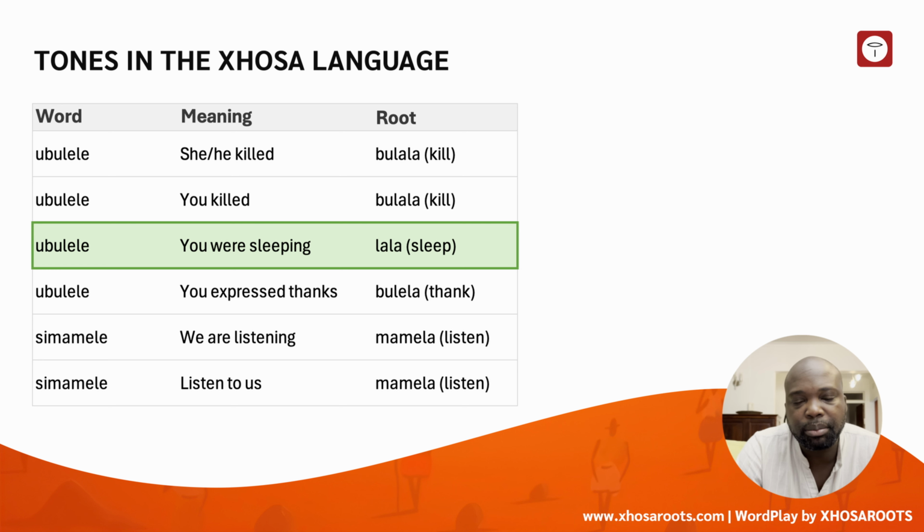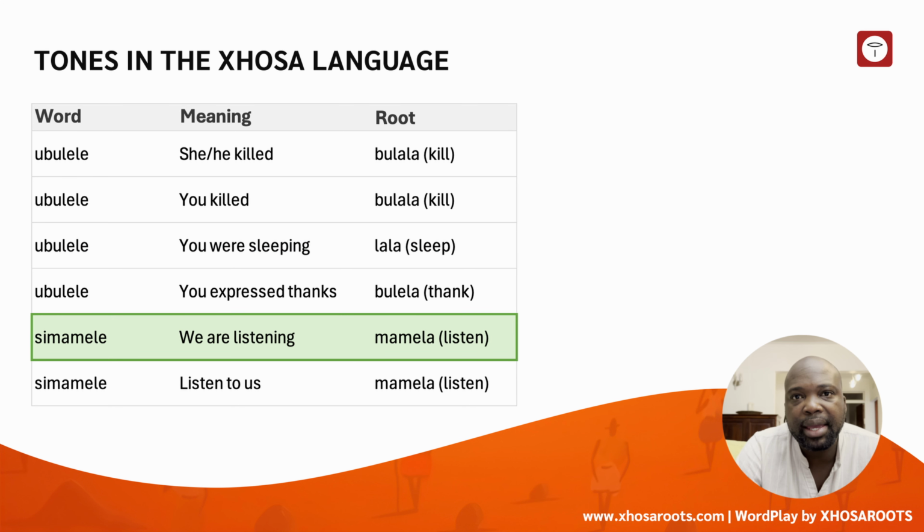And let's look at another example. Here we start with a low pitch version. We have the word simamele, meaning we are listening. You'll see here all the vowels are low pitched, simamele.